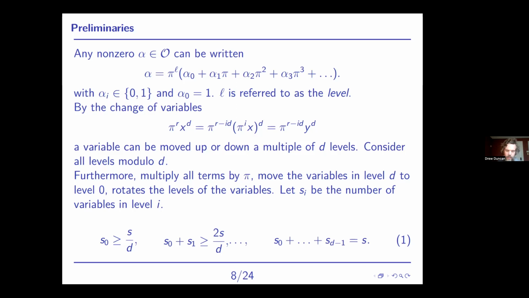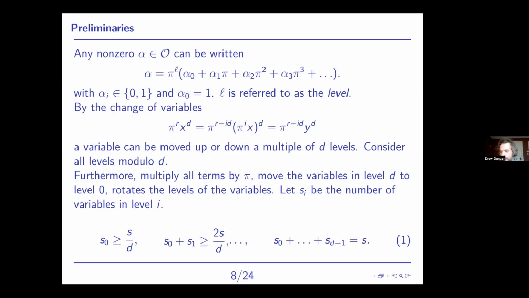Now, thinking of it this way, multiplying all the terms by pi moves every variable up one level. We now may have things in level d that were previously in level d minus 1. By this change of variables, we can move them down to level 0. And in this way, we can think of sort of rotating the levels around in the form. And we can do this a certain number of times and maybe get the form into a more convenient configuration, let's say.